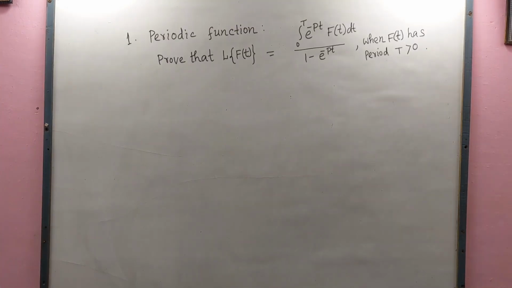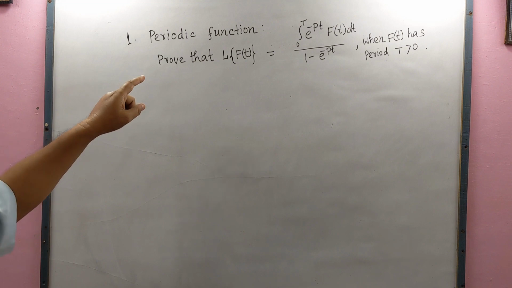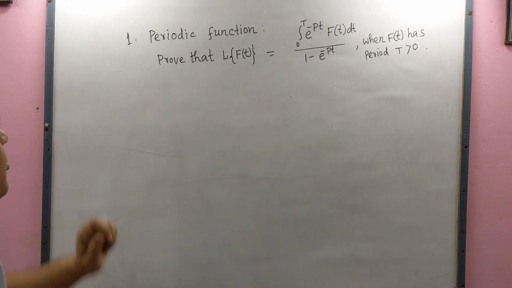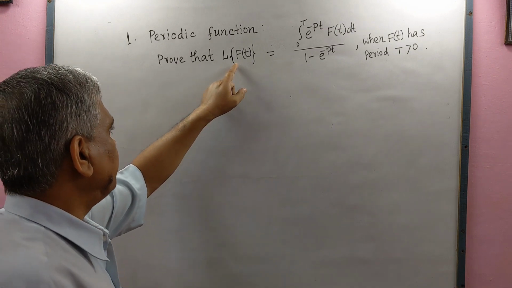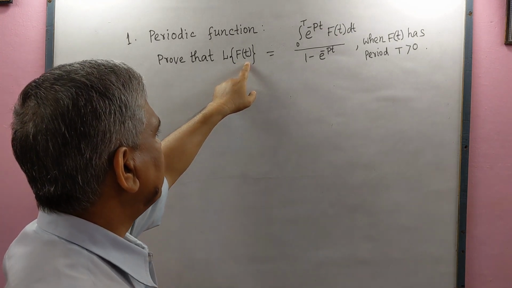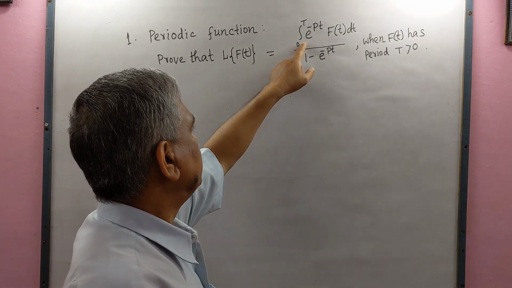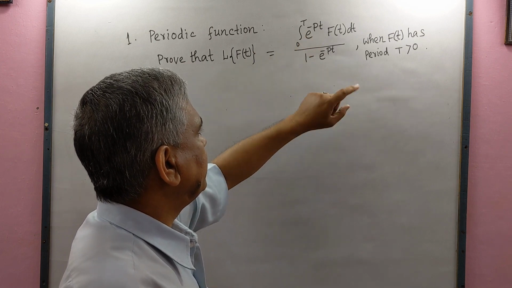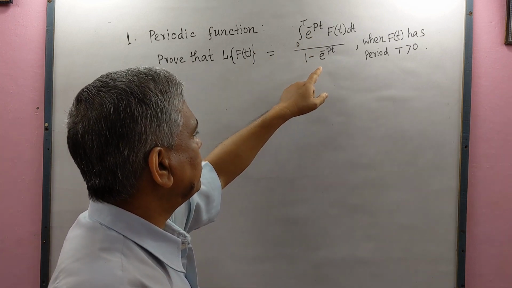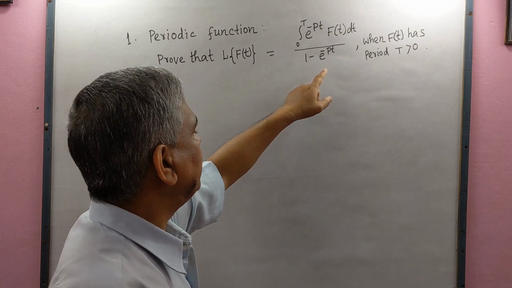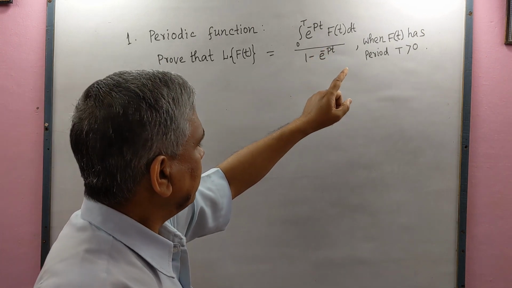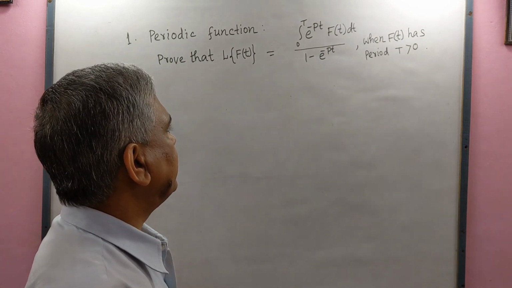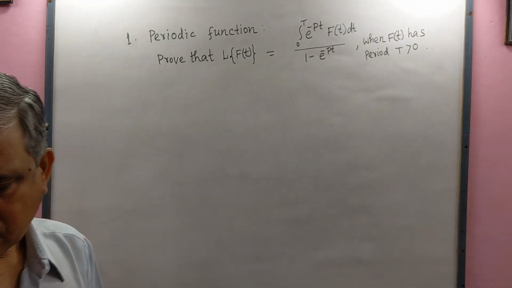Now I will solve the Laplace transformation of a periodic function. Prove that the Laplace transformation of f(t) equals the integral from 0 to T of e to the power minus pt f(t) dt, divided by 1 minus e to the power minus pT, where f(t) has a period T greater than 0.